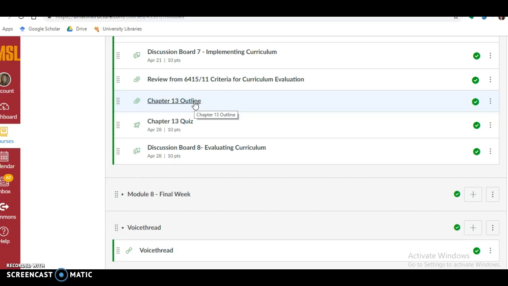Both of them are called Evaluation of the Curriculum. And you can use this outline to take notes as you're reading because there is a quiz. Remember, quiz in this course just means that you're expected to do it by yourself, but you can use the book and you can take as much time as you need.